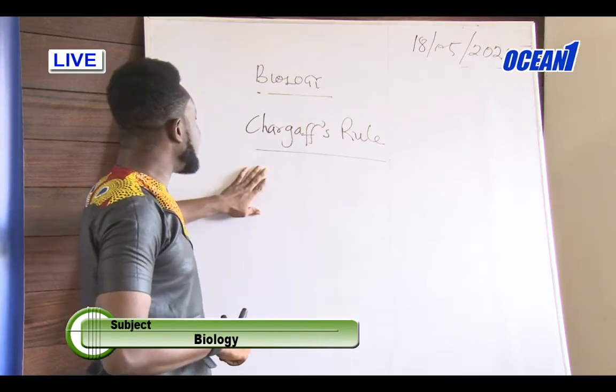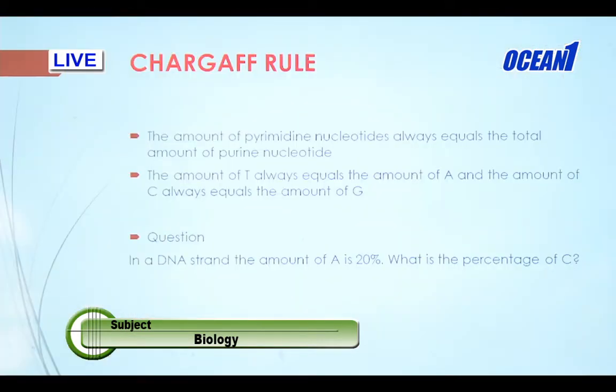Now what did Chargaff say? Chargaff said that the amount of pyrimidine nucleotides in a DNA molecule is always equal to the amount of purine nucleotides.